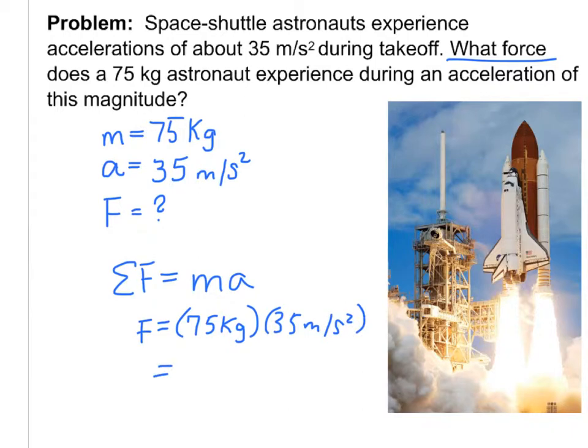And I get an answer of 2,625, but I only have 2 sig figs that I can use in my answer. So I'm going to need to round that to 2,600 kilogram meters per second squared, right, are my units.